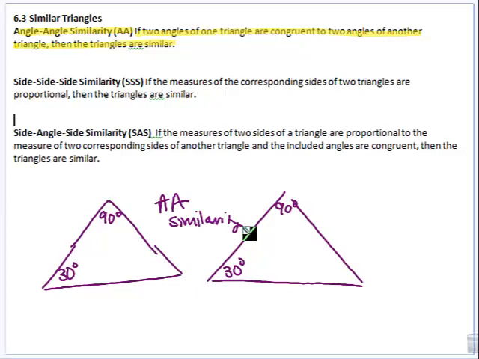So that's one way we can tell that they're similar, if we have two angles the same.